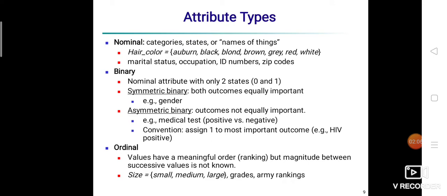Let's take an example where we do have an order associated with the attribute. If I ask you how are you feeling today, that can be answered with very happy, happy, okay, unhappy or very unhappy.